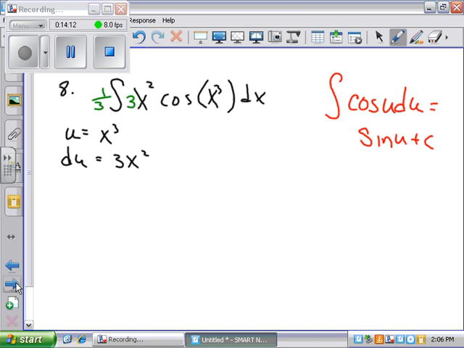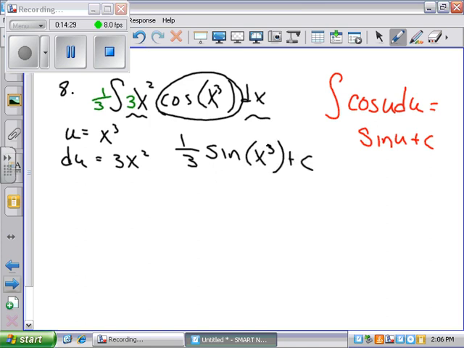And so what we have now is the antiderivative of cosine of u du. And so what do we get for our answer? You get 1/3 sine of u, which is 1/3 sine of x cubed plus c.